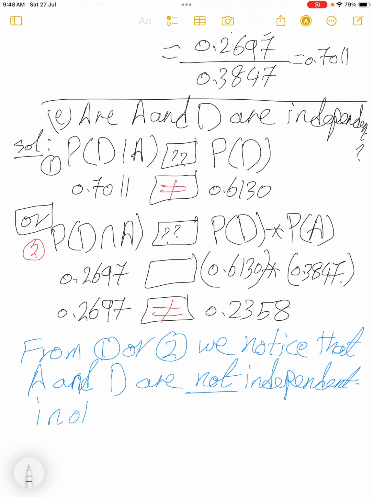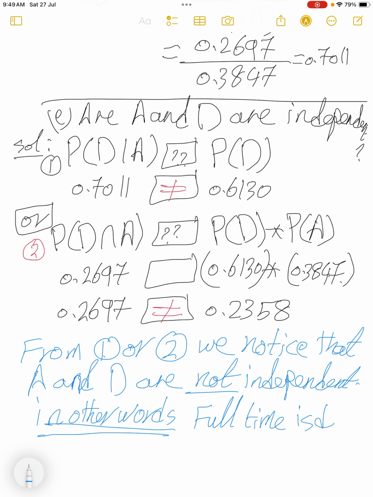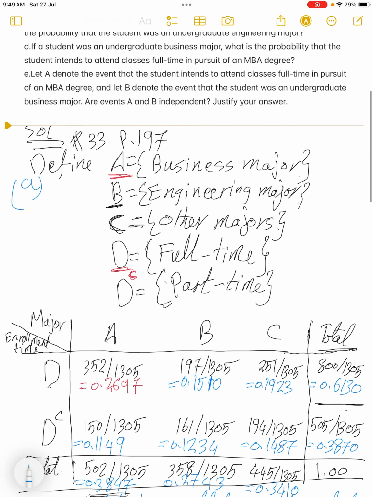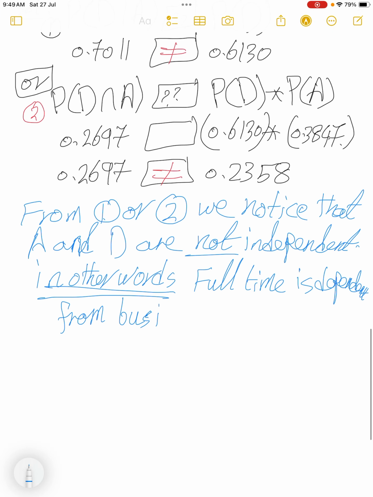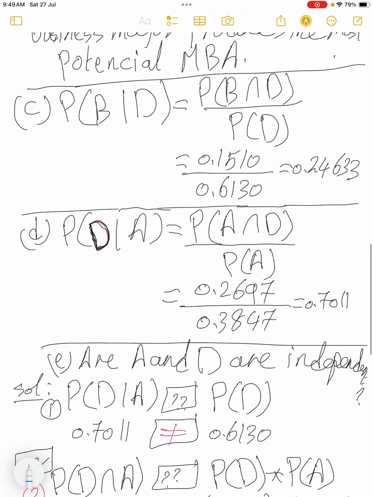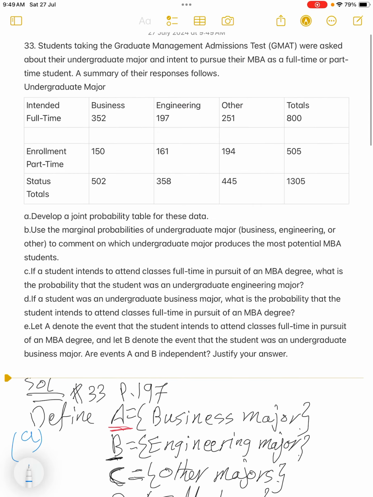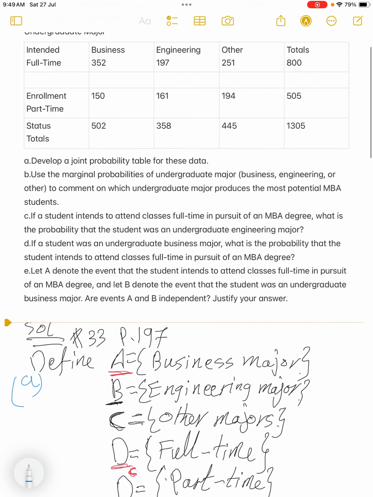In other words, full time is dependent on business major.